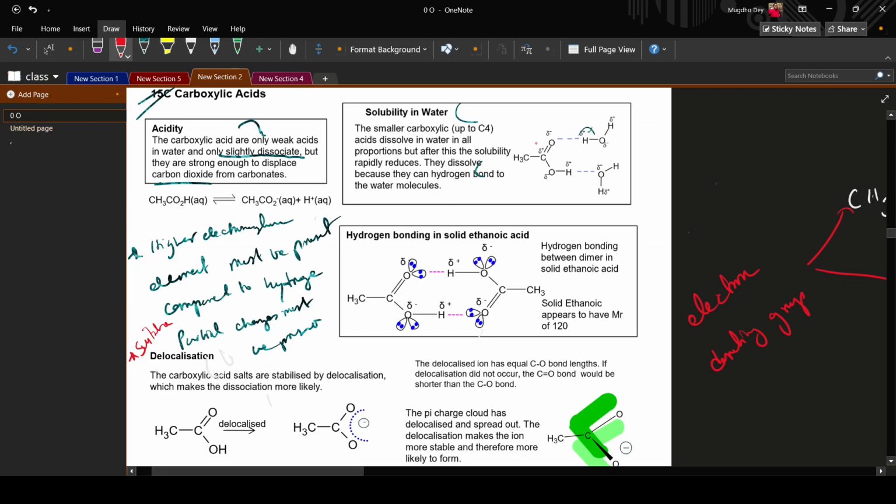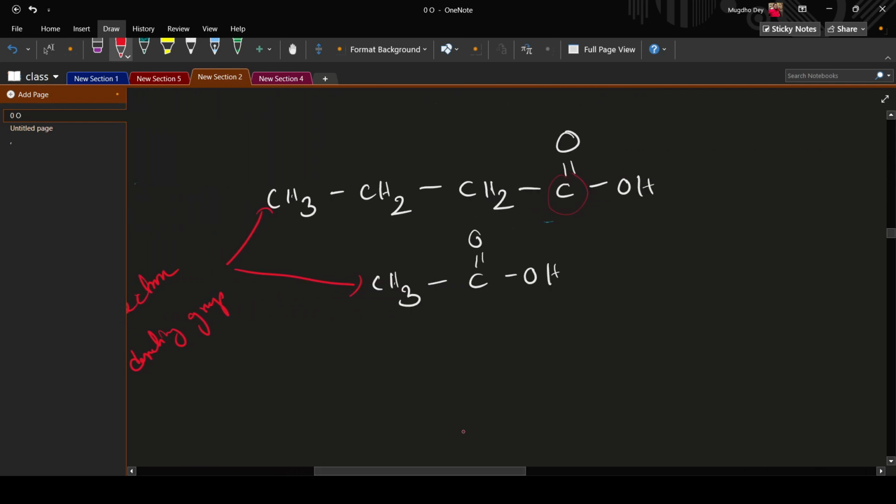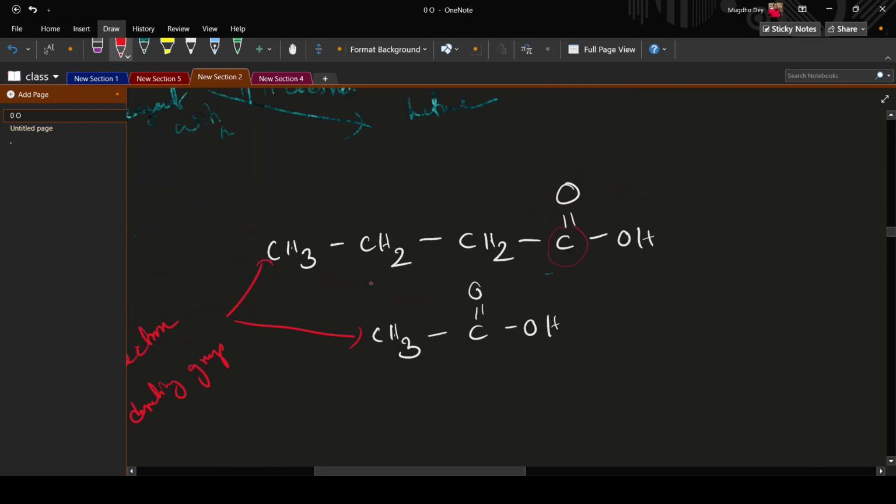You can clearly see that this one becomes partially positive and this one remains partially negative for hydrogen bonds to get produced. Now, when the alkyl group chain increases, so here only one alkyl group is there, but this carbon is now receiving electrons from three alkyl groups. So obviously the negative charge here increases.